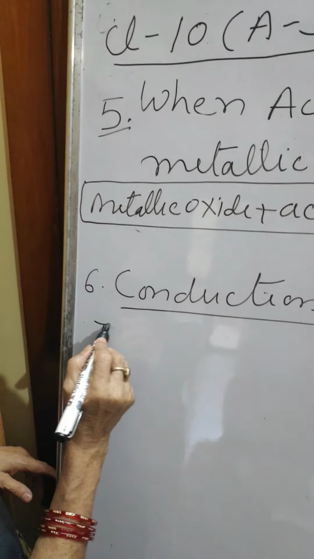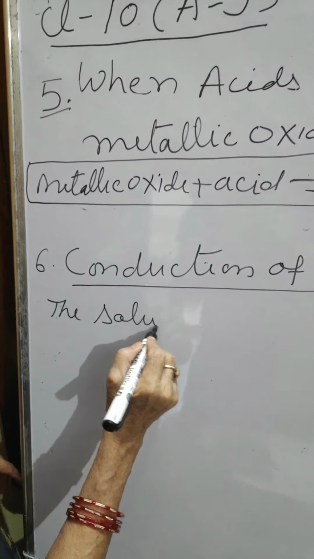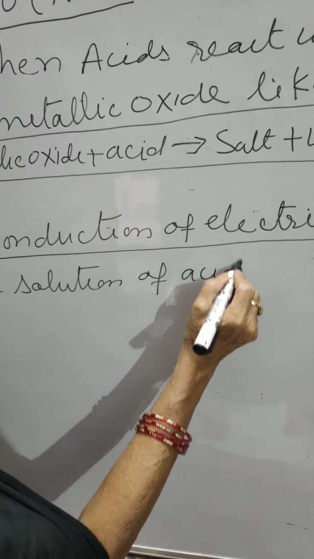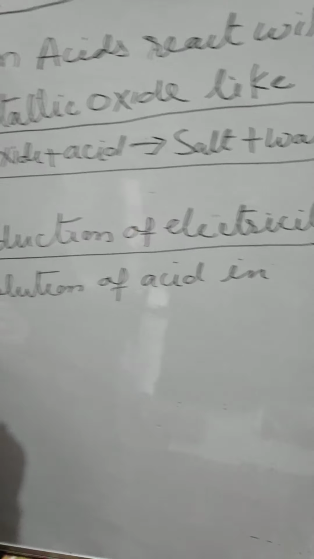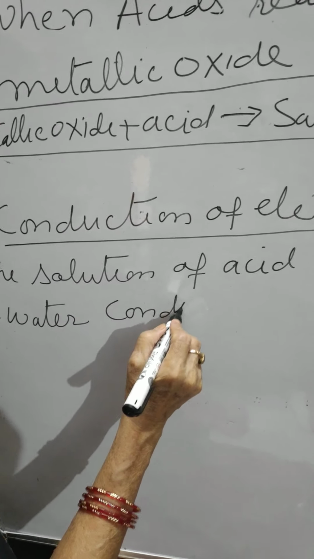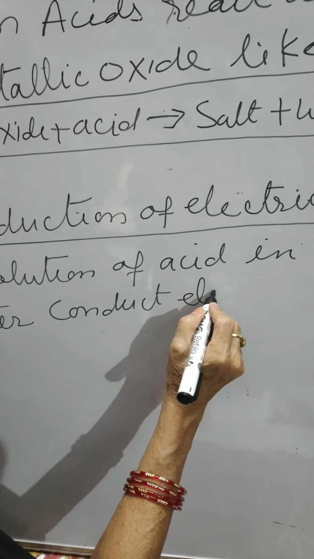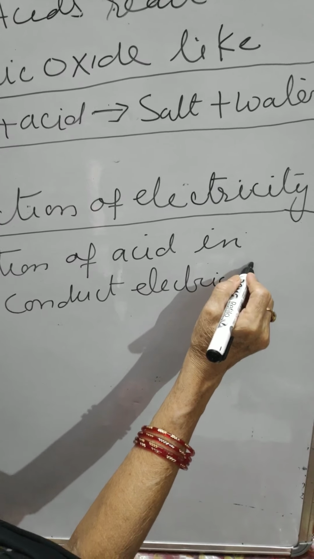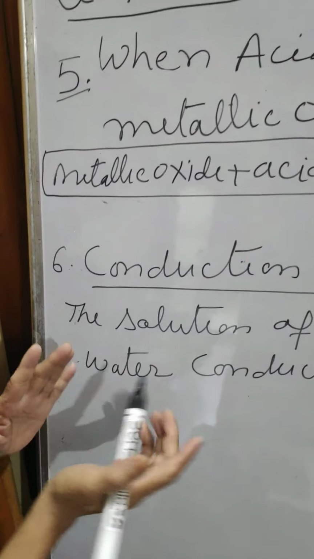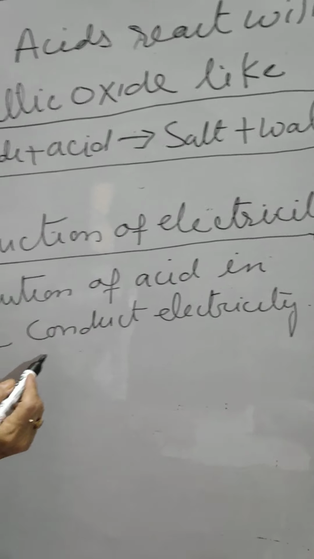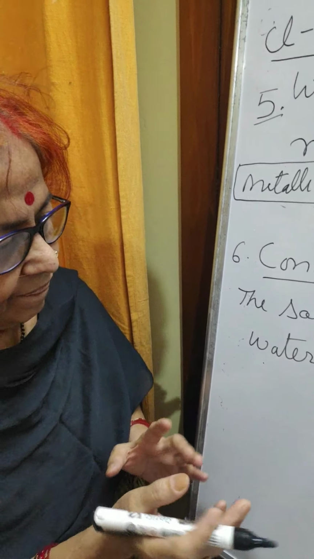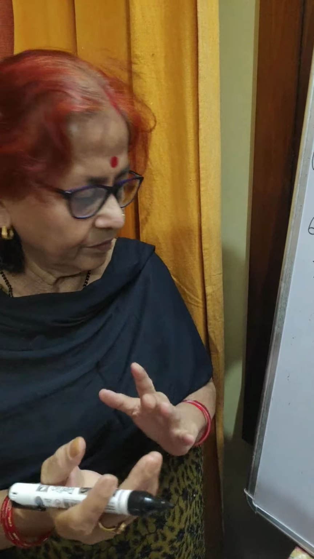The solution of acid in water conducts electricity. Now, conduction of electricity: a solution of acid in water conducts electricity. Now here it is an experiment, and you can make that experiment a project also.